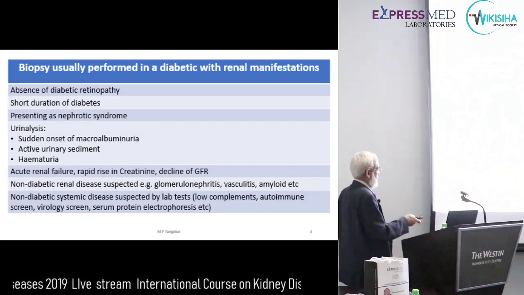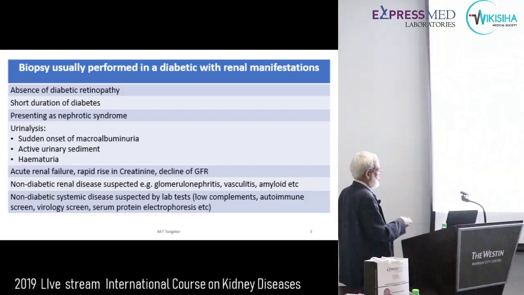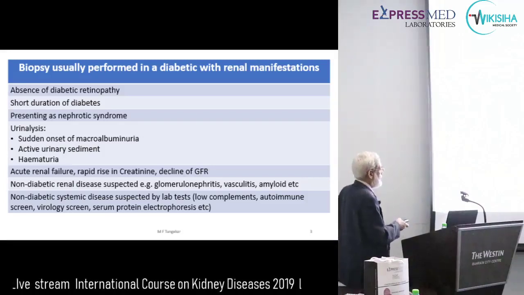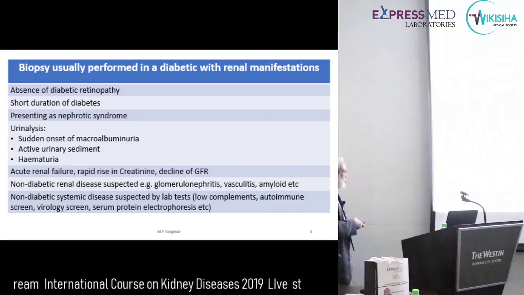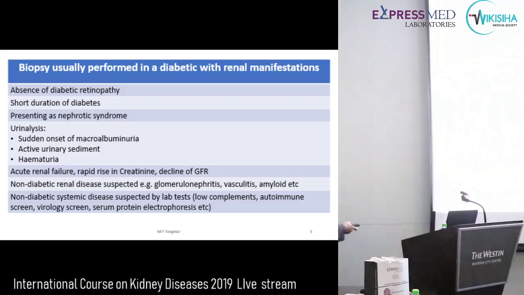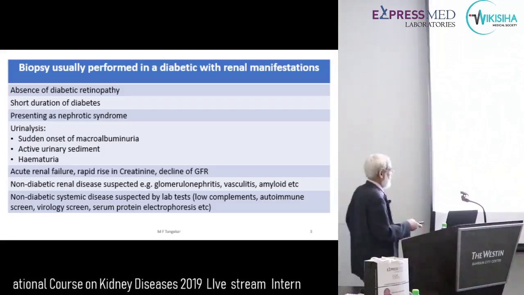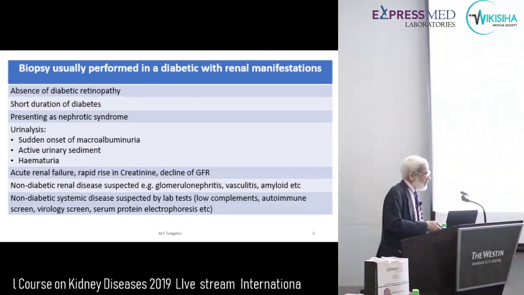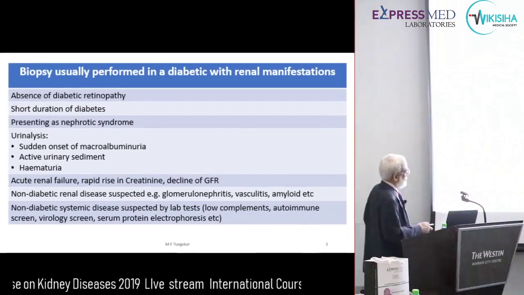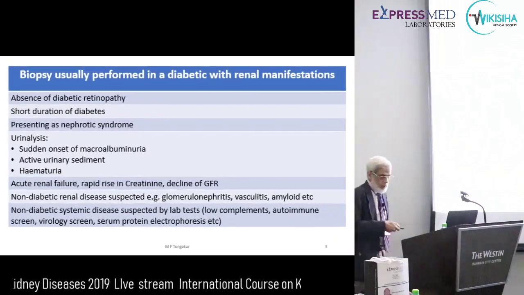Or the laboratory tests indicate a non-diabetic disease: low complement, autoimmune screen positive, virology screen positive, serum protein electrophoresis in an elderly patient shows M components, then a biopsy may be performed. So all these things we have to keep in mind, the pathologist.